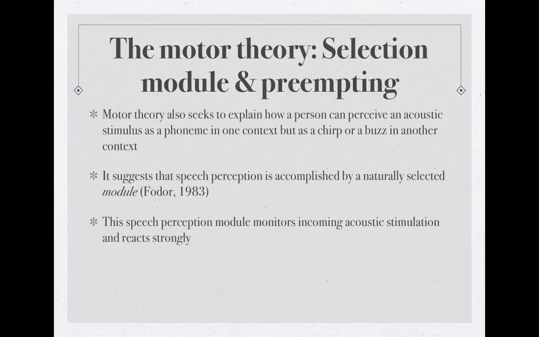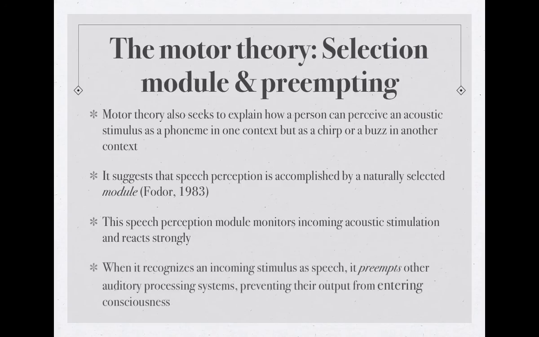And when it monitors, what does it do exactly? When it recognizes an incoming stimulus as speech, it preempts other auditory processing systems, preventing their output from entering consciousness, like noise, for example coughing or whatever.